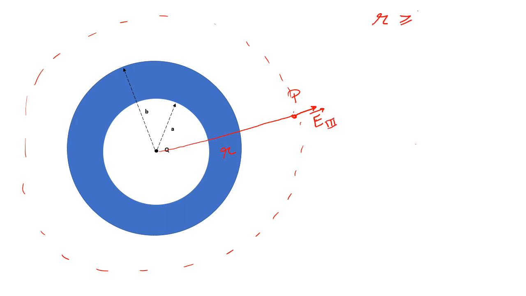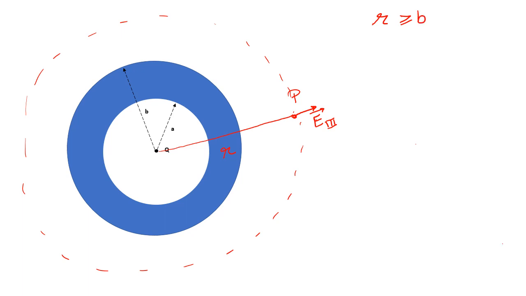So I go to some point P here, which is a radius r away, a variable, and at that place I make a Gaussian sphere. There would be an electric field E. Let's call it E3 to remind us it's region 3, so when r is greater than b.